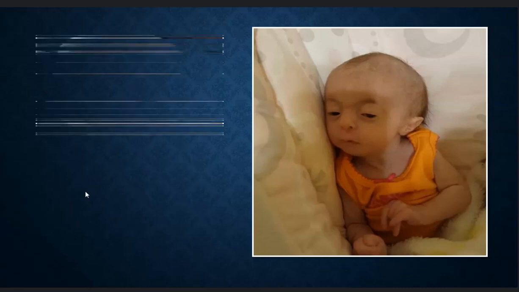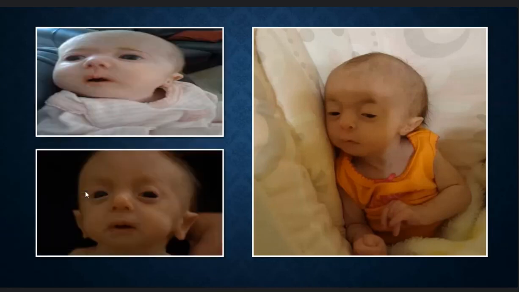Again, this picture shows how the baby has hypertelorism, increased distance between two eyes, the down slanting, the upturned nose, and of course there is a small jaw and low-set ear. The same baby in the first slide appeared to show the hypertelorism, the down slanting eyes, the upturned nose, low-set ear, and small jaw.